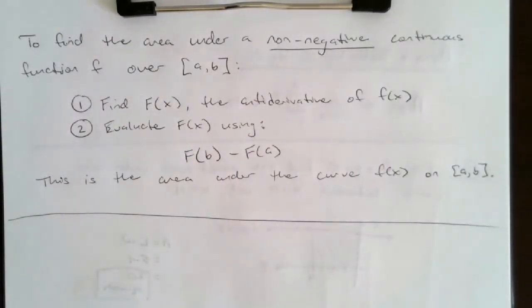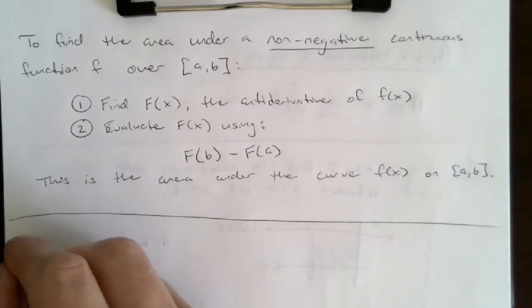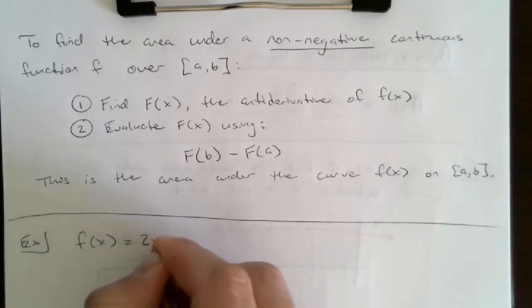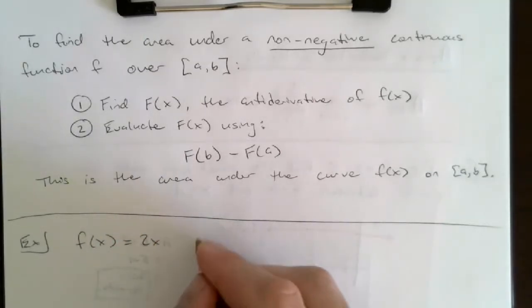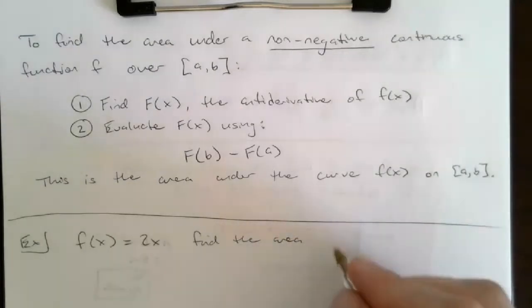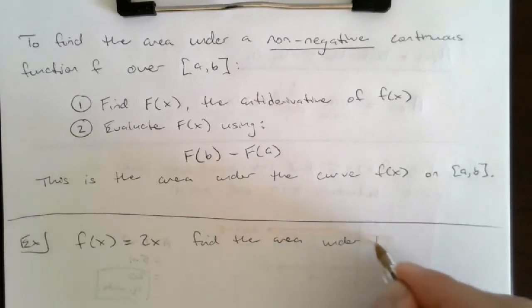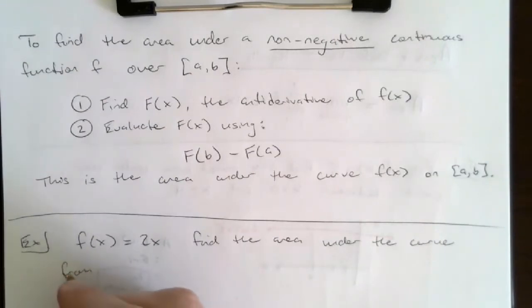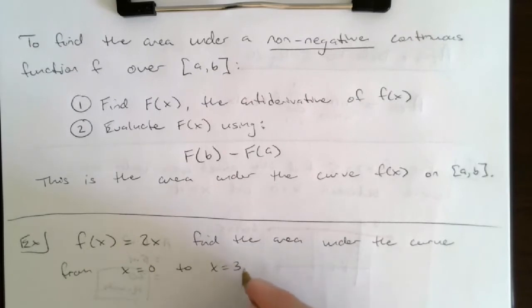Now, we can kind of see this with the last example, just taking a look at what we had. Remember the last example, we had f of x equals 2x, and we said find the area under the curve from x equals 0 to x equals 3.